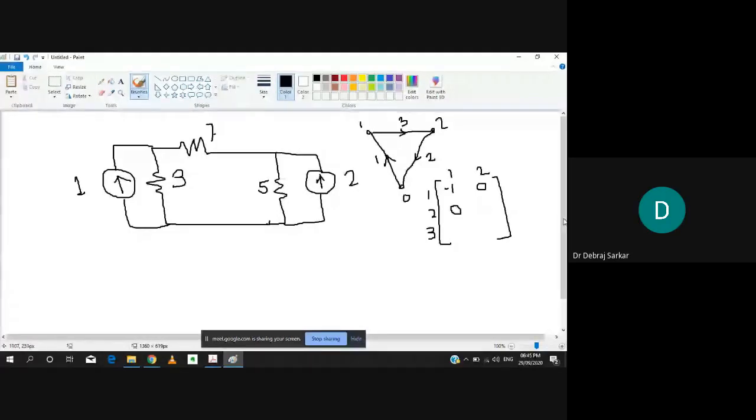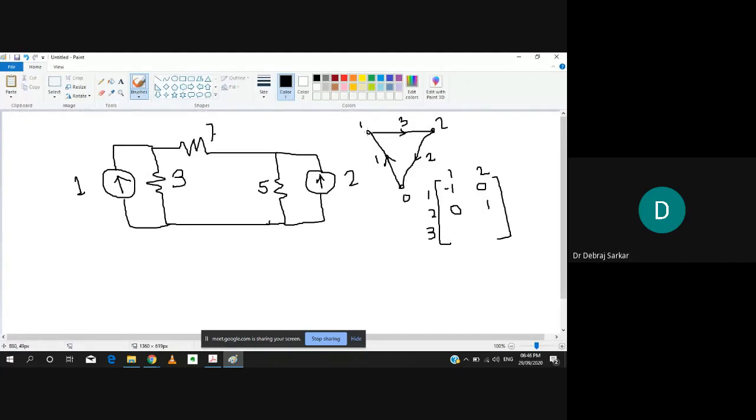What about this element? It is 1, because the second element is connected to the second node and the direction is coming in. Now 3.